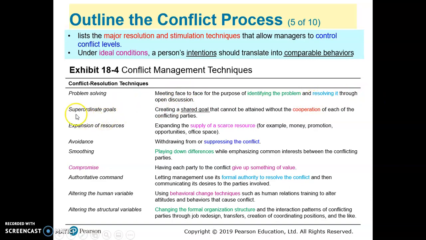Another technique to resolve conflict is through superordinate goals. Having a shared goal among both parties in conflict can actually reduce the magnitude of the conflict, especially if these parties need to cooperate with each other.